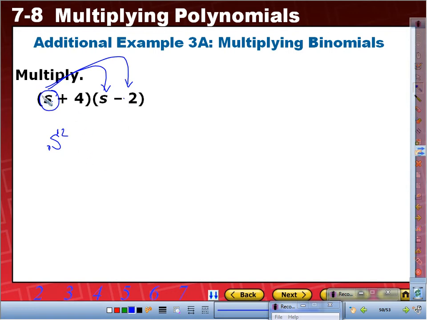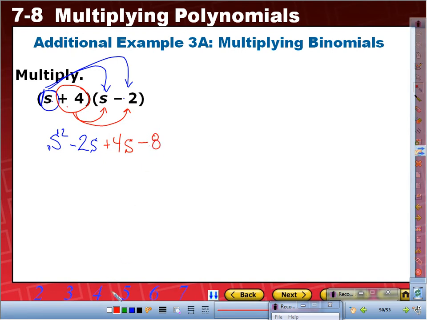If you don't see it, what is the coefficient of s? 1. What is 1 times negative 2? Negative 2, and we carry the s. Are we there so far? Yes. Okay. Let's look at the second term. What is 4 times s? Plus 4s. What is 4 times negative 2?